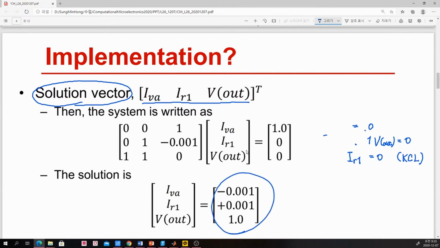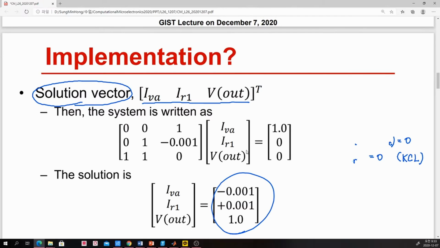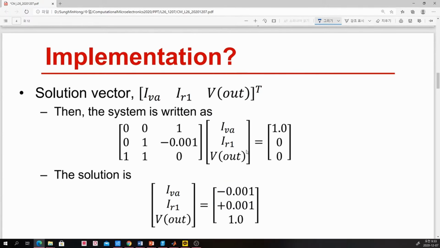Then the remaining thing is just to interpret it. Now the output voltage equals 1 volt and the resistor current will be 0.001 ampere. So 1 milliampere will flow through this resistor. That is all for our analysis.